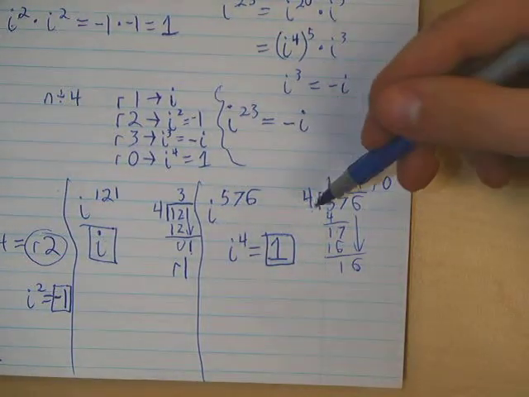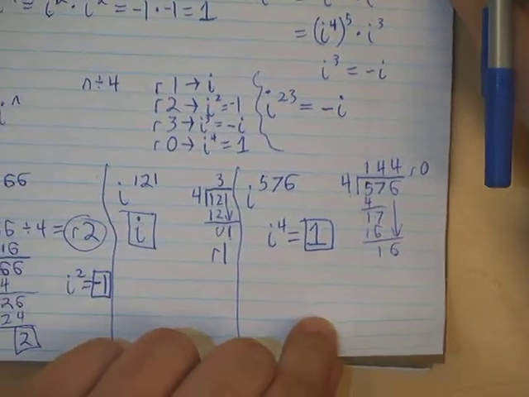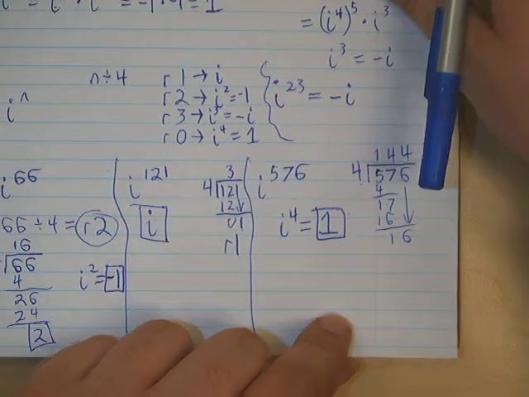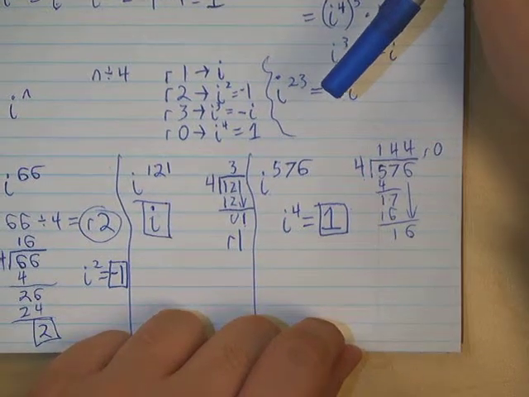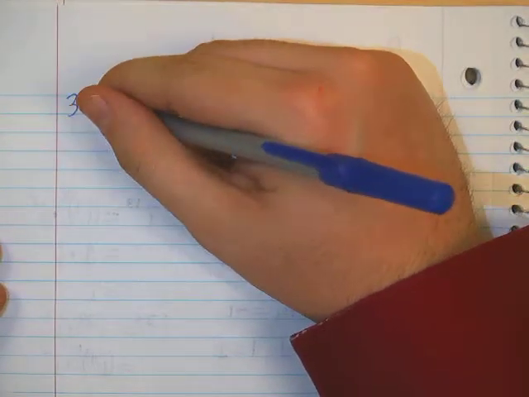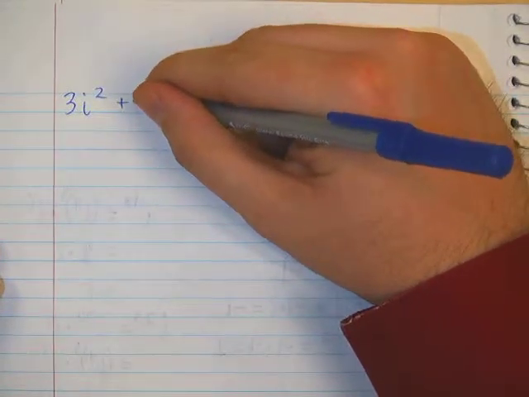Remainder 0. So that means this is the same as i to the fourth, or 1. So this i to the 576th power is just 1. That's amazing. And it lets us work with some very odd-looking expressions in order to simplify them.